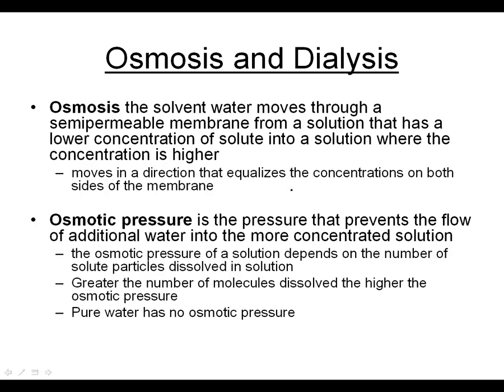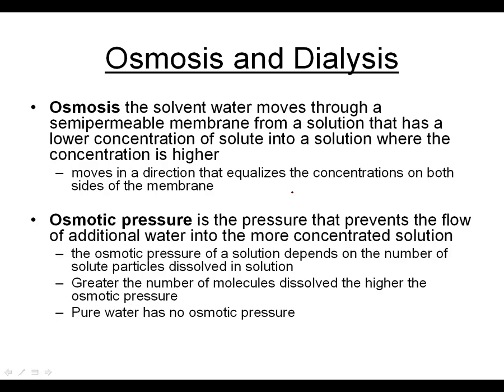We talked about osmosis, but just a reminder, osmosis is the flow of water molecules or solvent molecules from an area of lower concentration to an area of higher concentration, in the idea of trying to dilute the more concentrated area and equalize the concentrations on both sides of a membrane.